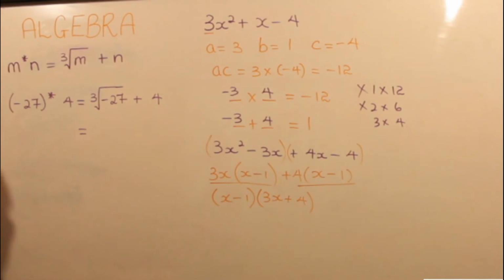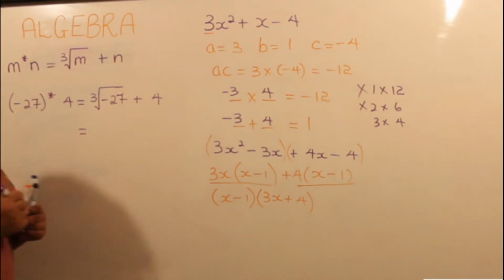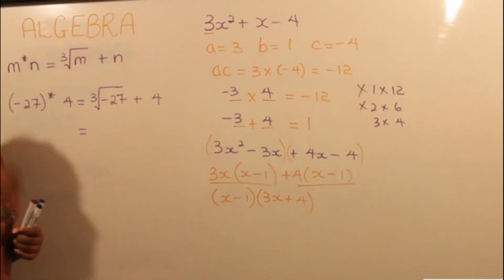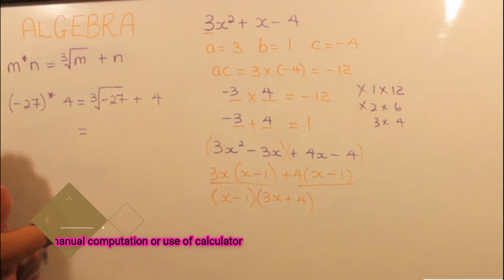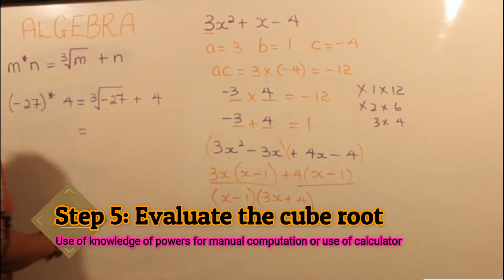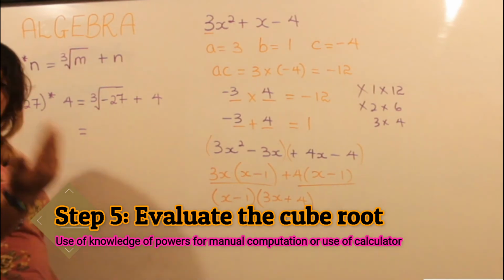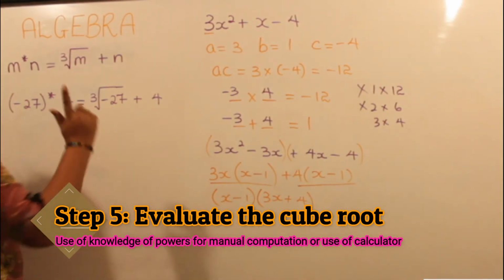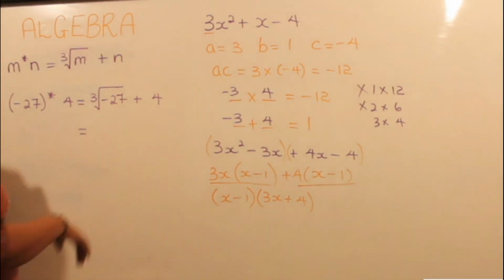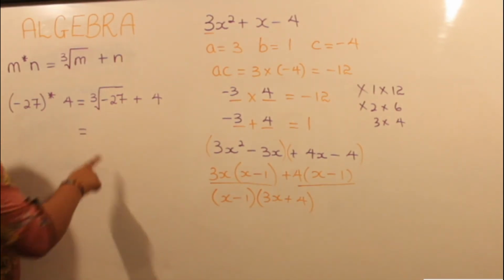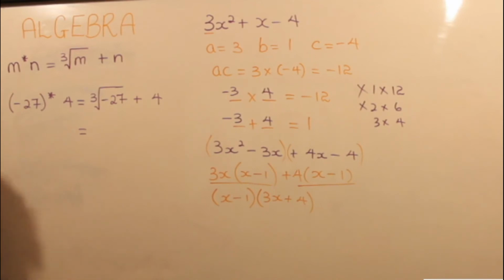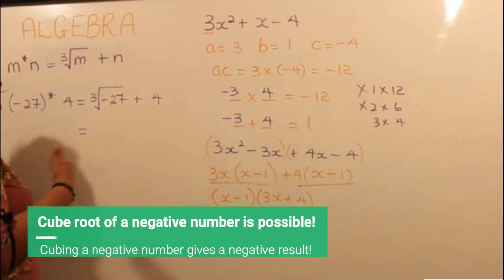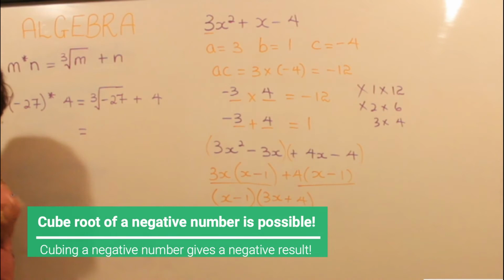Now this is something that we could probably do mentally once we understand powers. Alright? Minus 27, if we remember, 27 is 3 cubed. Alright? And because we have minus 27, it's possible with cubes that you can find the cube root of a negative number.